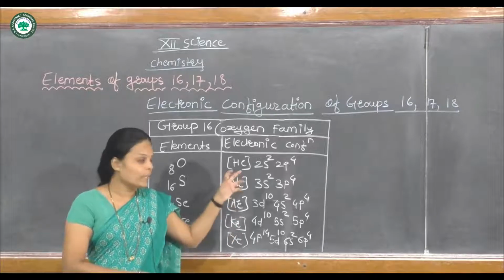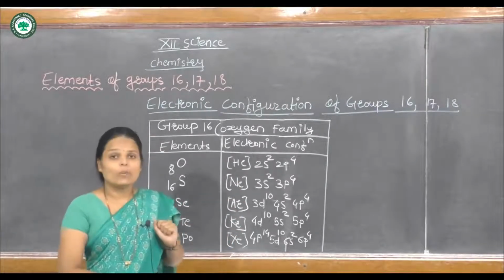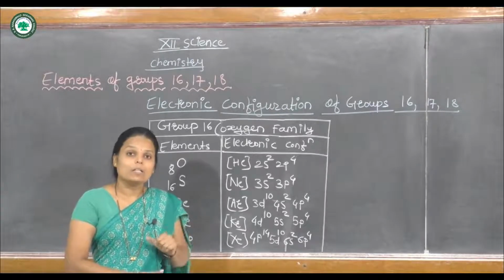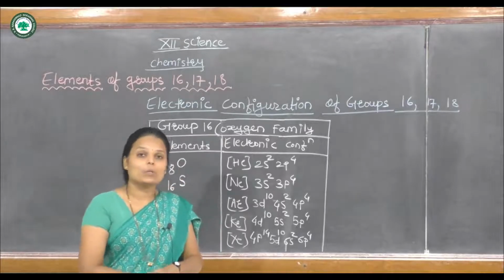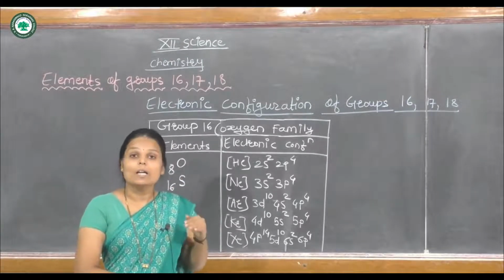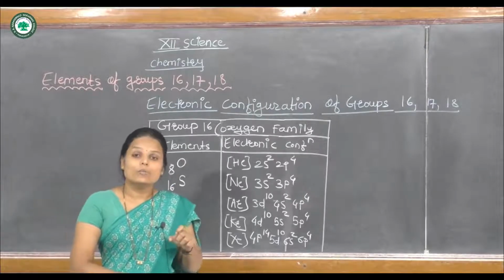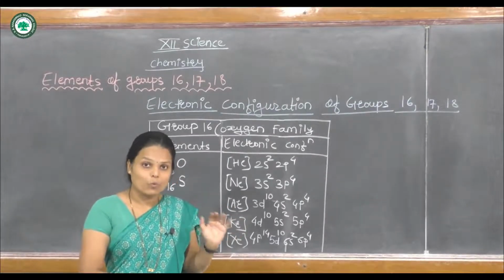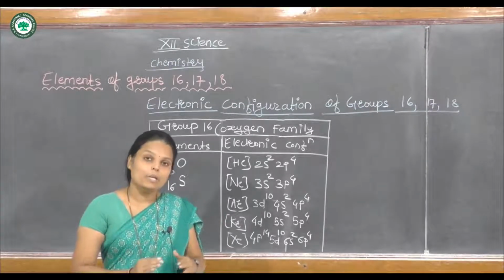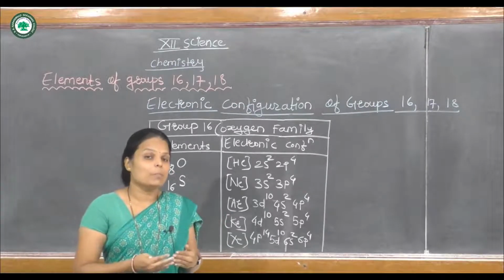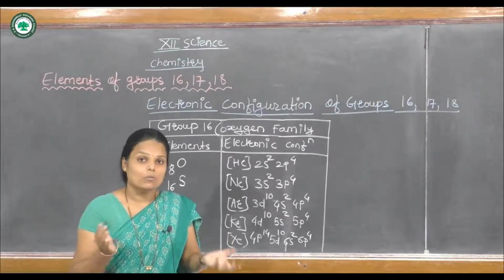One by one we will discuss the electronic configurations. The halogen family are highly reactive elements because of their high electronegativity. They are not found in a free state; all of these elements are found in compound formation.